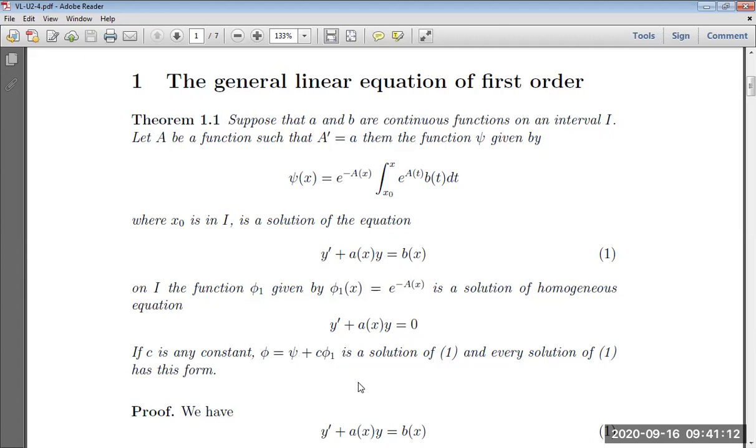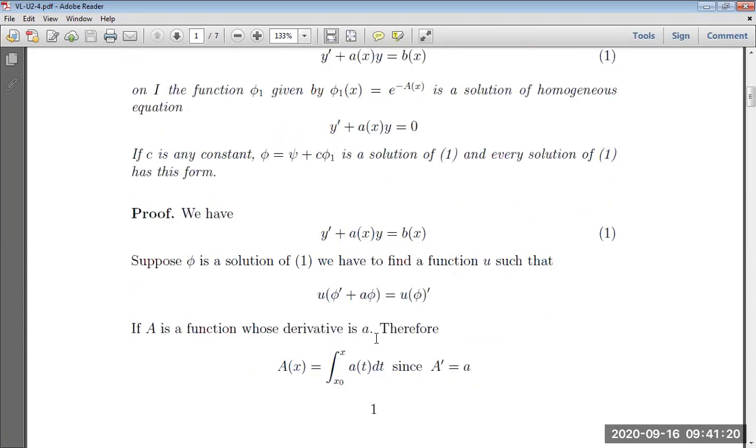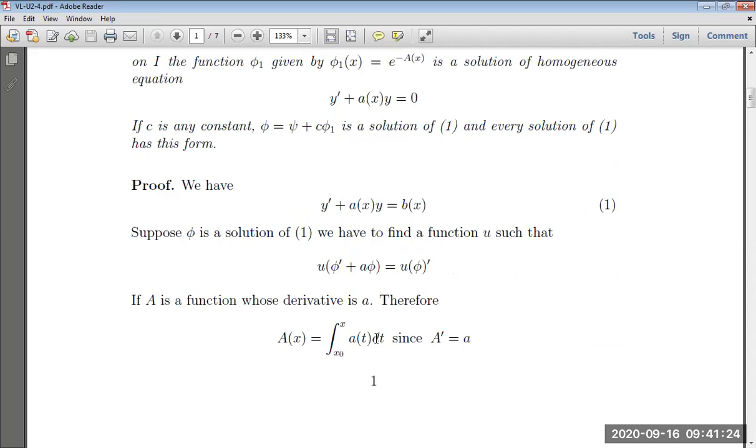So let us see how to prove this theorem. So we have the general linear differential equation, which is non-homogeneous, y dash plus a of x into y is equal to b of x.